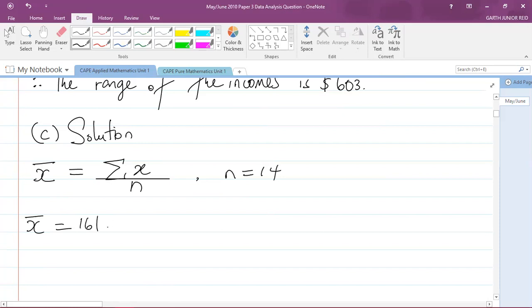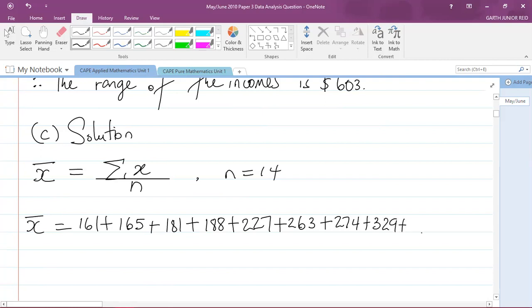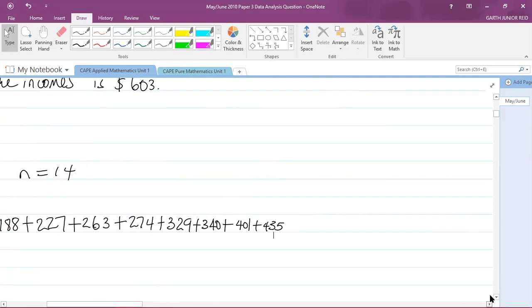That's going to be 161 plus 165 plus 181 plus 188 plus 227 plus 263 plus 274 plus 329 plus 340 plus 401 plus 435 plus 503 plus 585 plus 764.